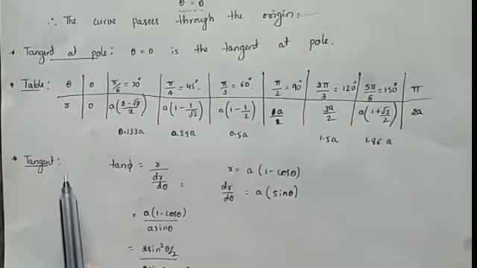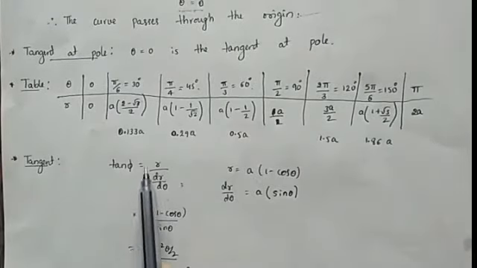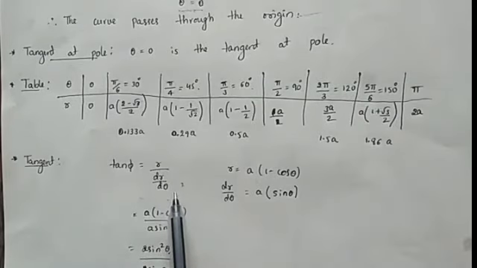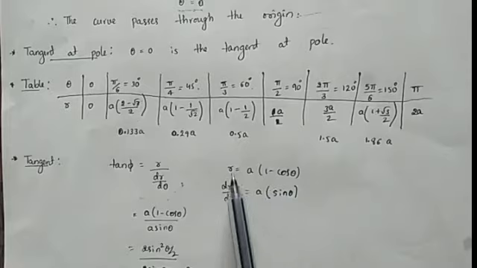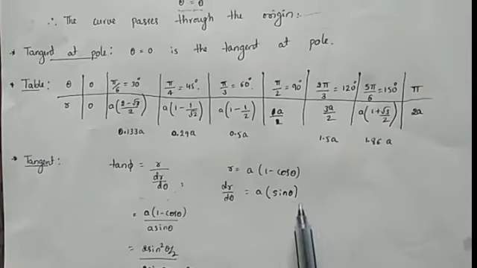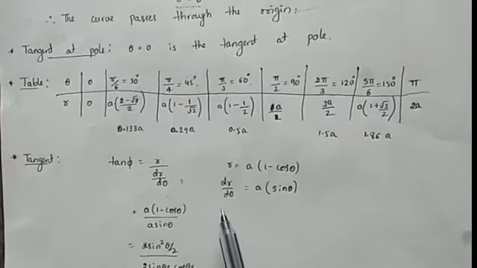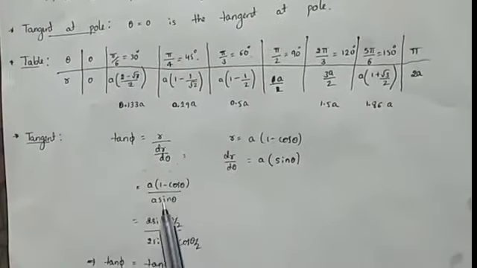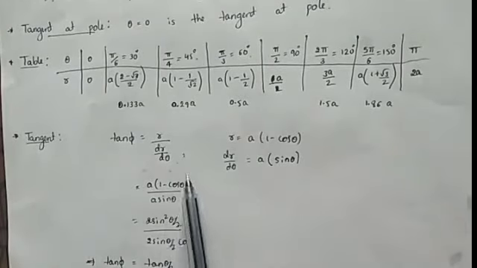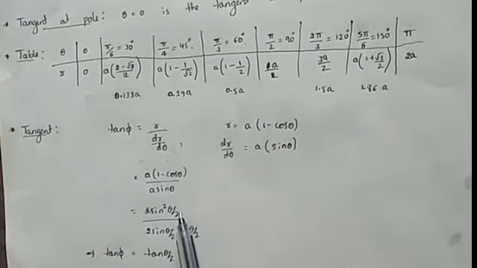The next point is the tangents at the other points. We calculate this using the formula tan phi is equal to r by dr by d theta. The r is equal to a into 1 minus cos theta. You differentiate this, you get dr by d theta is equal to a sin theta. Next you substitute: a into 1 minus cos theta by a sin theta. A gets cancelled. 1 minus cos theta is 2 sin square theta by 2.